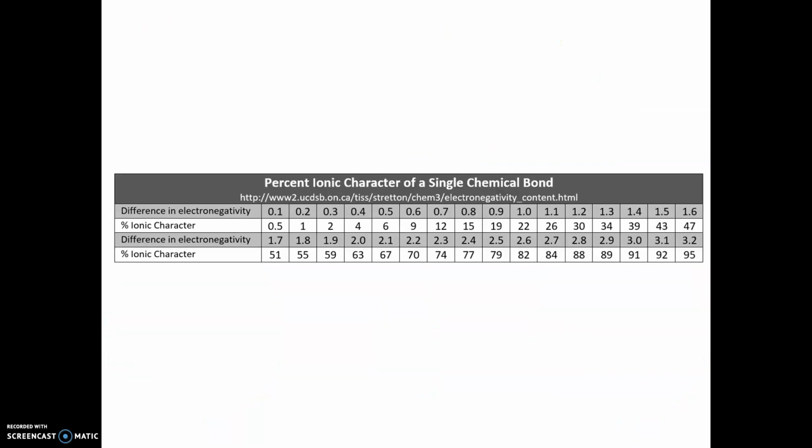Here's a chart that shows the difference in electronegativity and then the ionic character. As our percent ionic character increases, that increases the likelihood that an ionic bond is going to be forming. You can see that pretty much everything that is over a difference of 1.7 is increasing its ionic character by more than 50%.